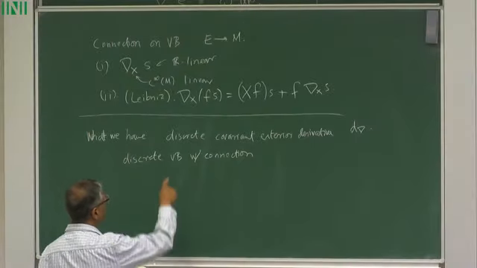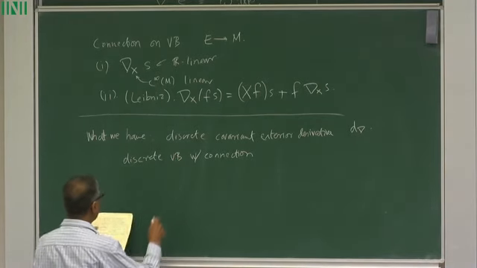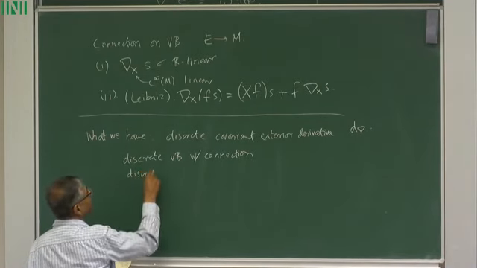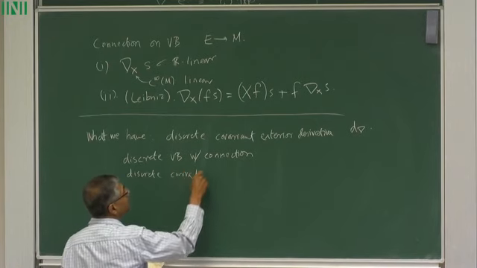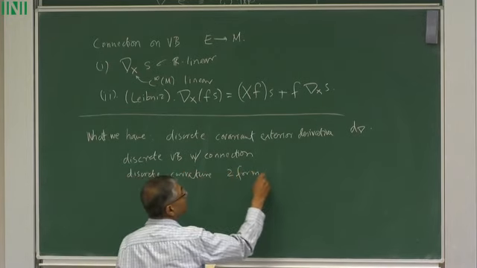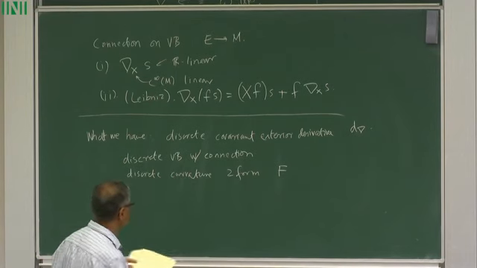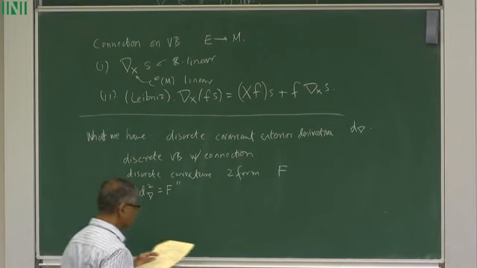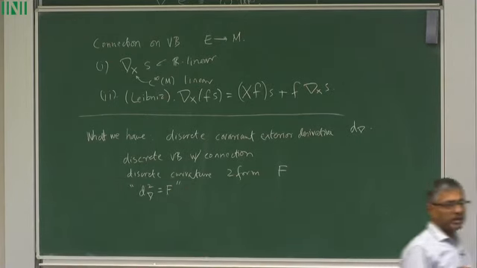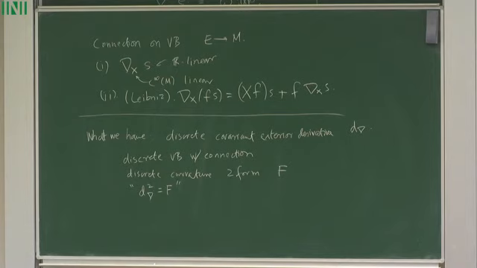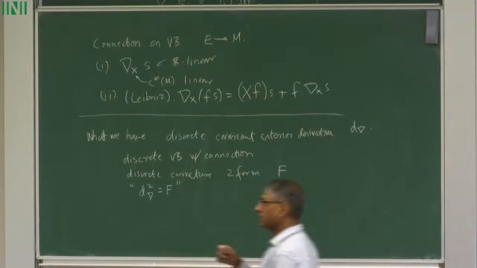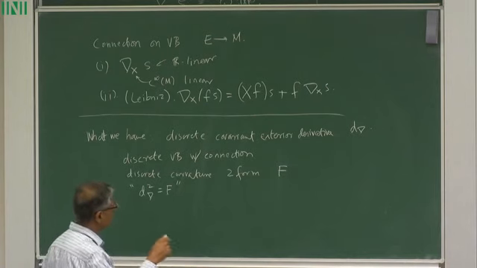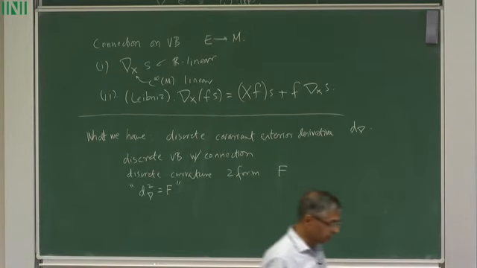I'll just focus on the d nabla and a discrete curvature 2 form I'll call F, and d nabla squared is F. So unlike the de Rham complex where d squared is 0, in the complex of vector bundle valued forms d squared is F. And if you apply it to sections, d of d is F times the section, or F wedge the section.